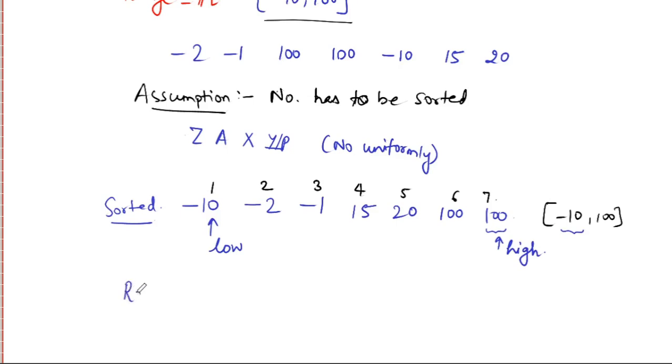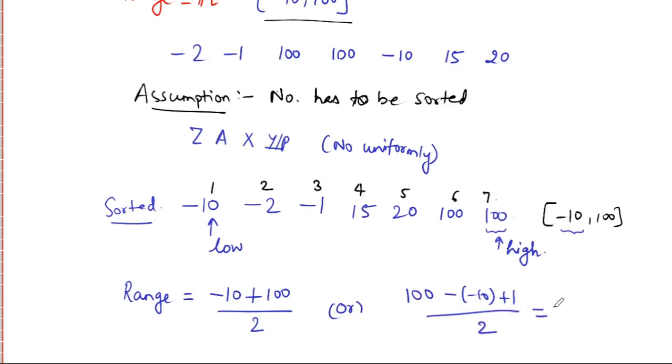So the range can be, it can be from minus 10 plus 100 by 2. We are taking the mid value of this range. This is one approach. Another way of calculating the range of the halves will be taking 100 minus of minus 10 plus 1 by 2.